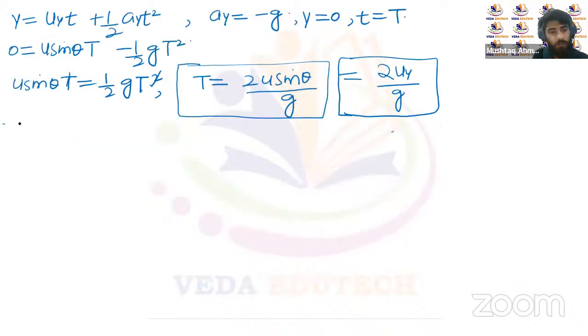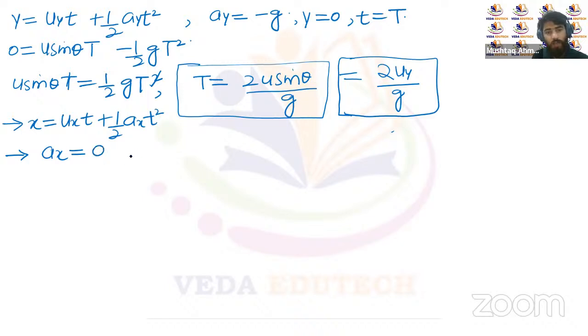It means that we can write this equation: x will be equal to Ux t plus half Ax t square, right? And one more important point is that there is no component of the acceleration along x. Ax is 0. And when it strikes back, t is equal to the time of flight, that's the capital T, and x is nothing but R, that's the range of the projectile, right?